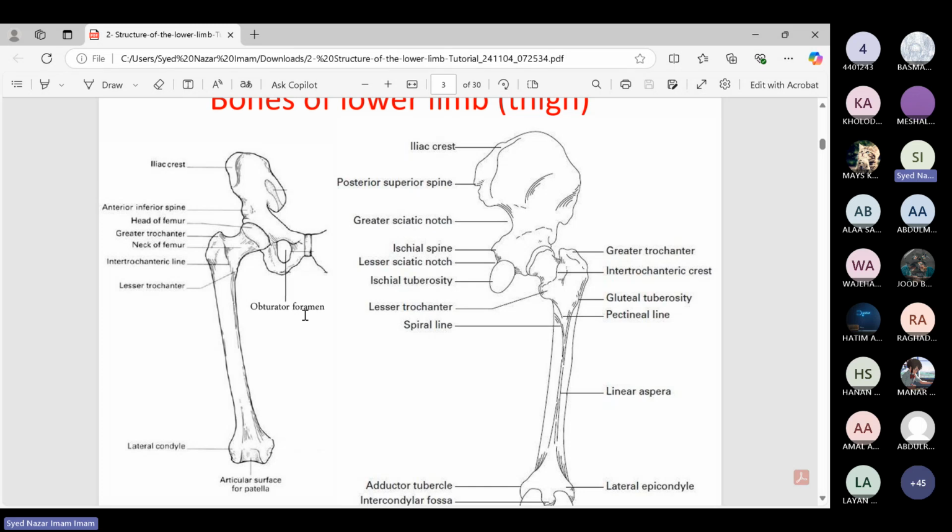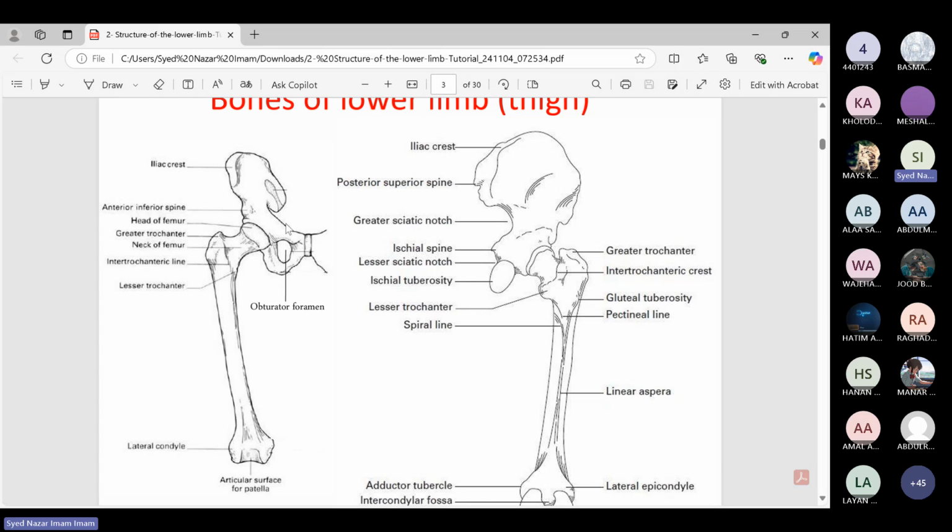For example, we have a medial group of muscles, and the medial group of muscles are adductors, because the major function of this medial group of muscles would be adduction automatically, because they are on this side. So when these muscles contract, they will do the adduction. So the medial muscles are adductor muscles. So if somebody asks you, what is the origin of any adductor muscle like longus, magnus, and brevis?